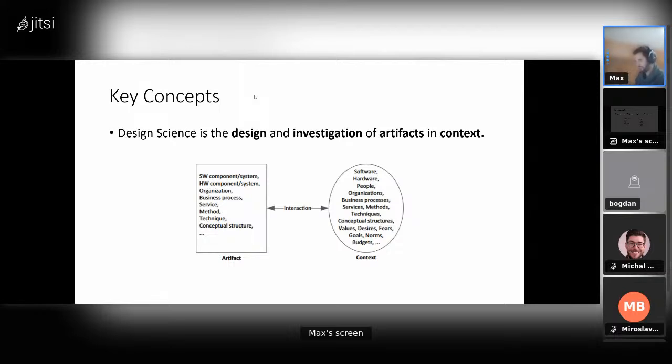All artifacts can be context, but not all contexts can be artifacts. For example, people cannot be artifacts. Goals, norms, budgets, these things cannot be artifacts. So really, an artifact is the creation of anything that will have some purpose within its context.